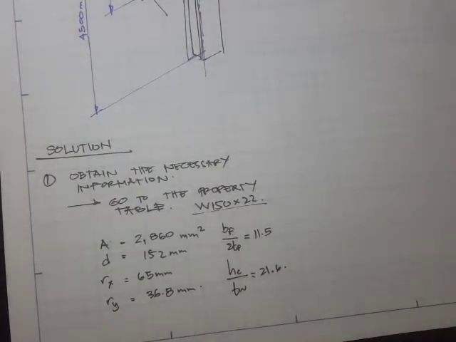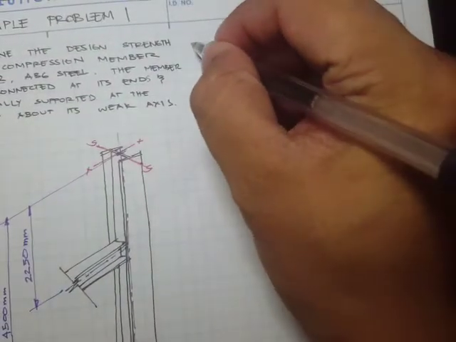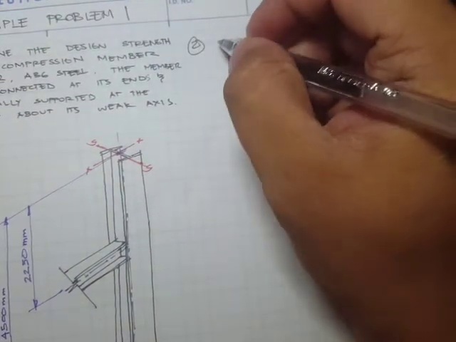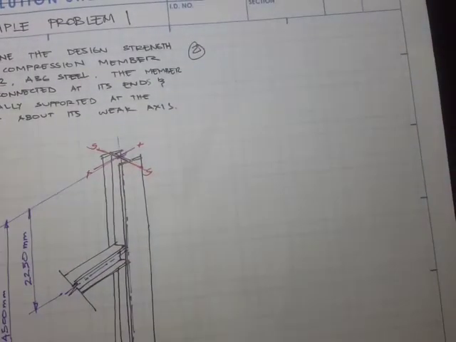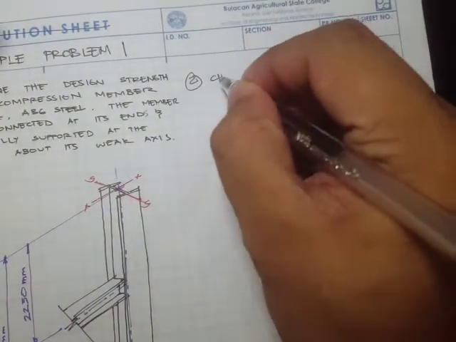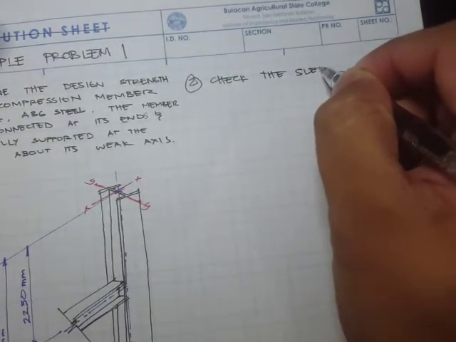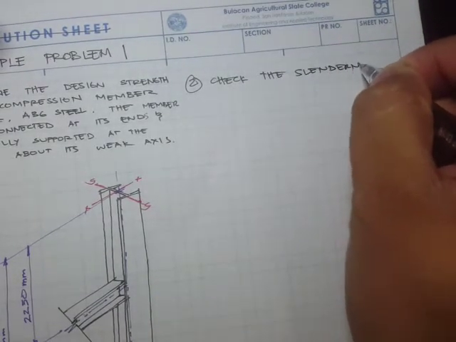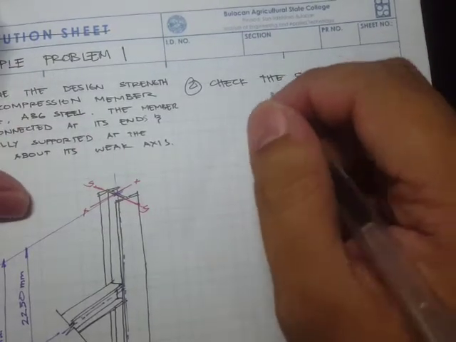So the next step is to check the slenderness. Meaning that we have to check the flange element and then the web element.